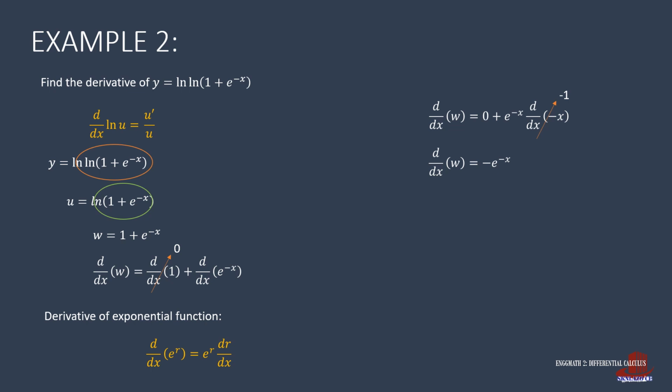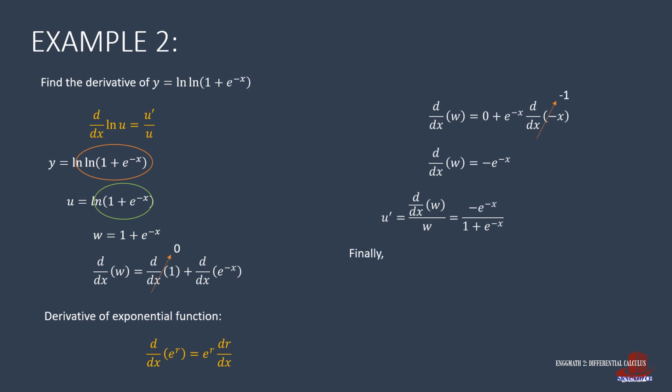Thus, w prime is negative e raised to negative x. So if we go back to the derivative of u, which is w prime over w, that is negative e raised to negative x over 1 plus e raised to negative x.